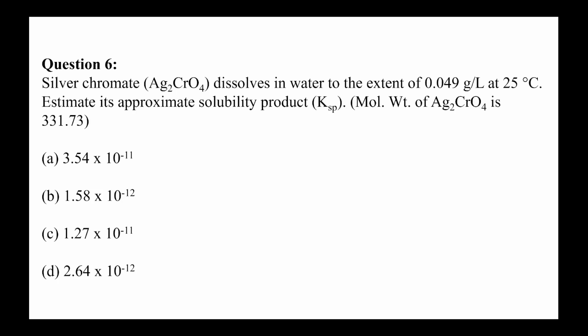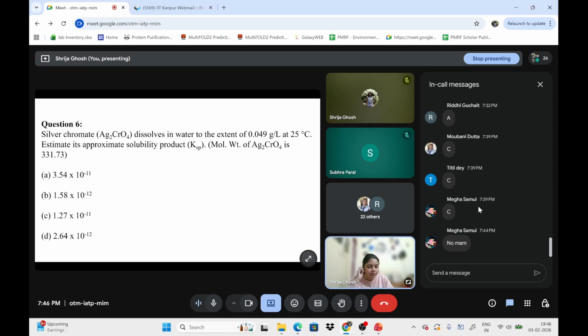Everybody try to calculate it. Once you are able to calculate it, write the answers in the chat box, then I'll discuss how to solve it. So Ag2CrO4 will dissociate into Ag plus ions and CrO4 2 minus ions. So you decide how many moles of Ag and how many moles of CrO4 will be there.